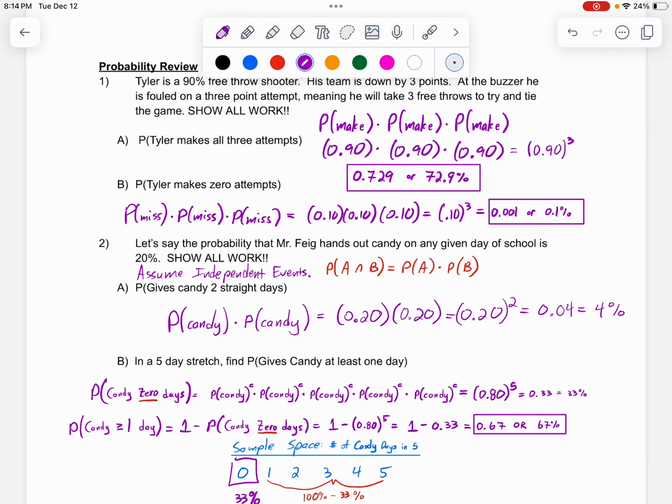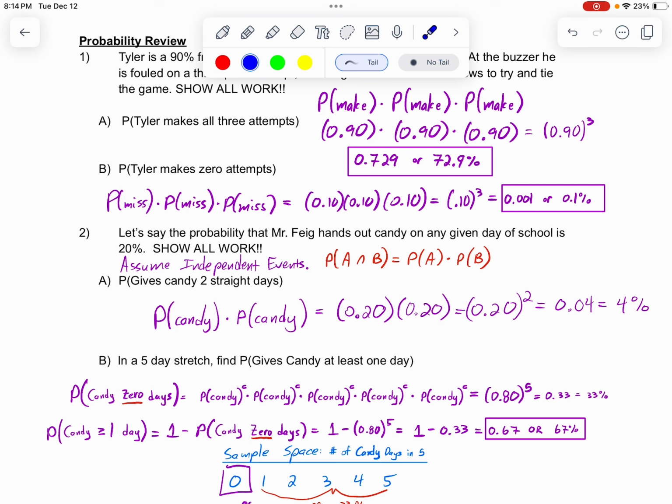But we're going to say they're independent events, which allows me to just use this formula. This symbol again means "and." If I want them to happen in a row, you just multiply them. So what's the probability I gave out candy 2 straight days? Well, that would be candy and candy. So 20% times 20% is only 4%.